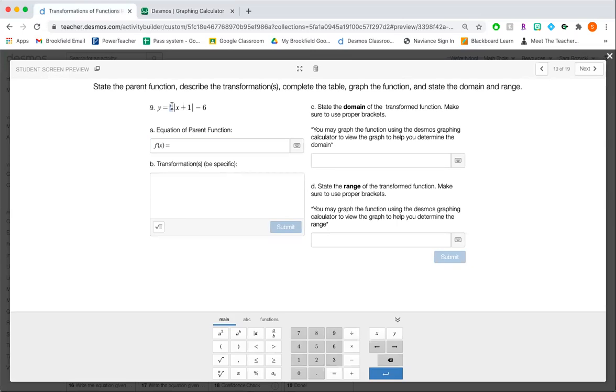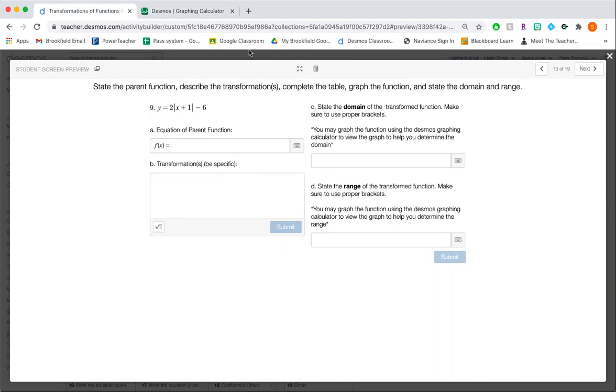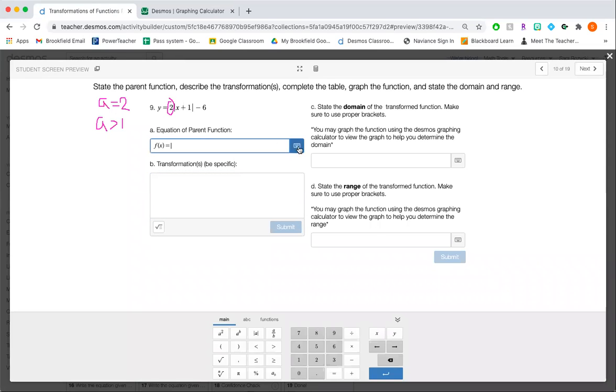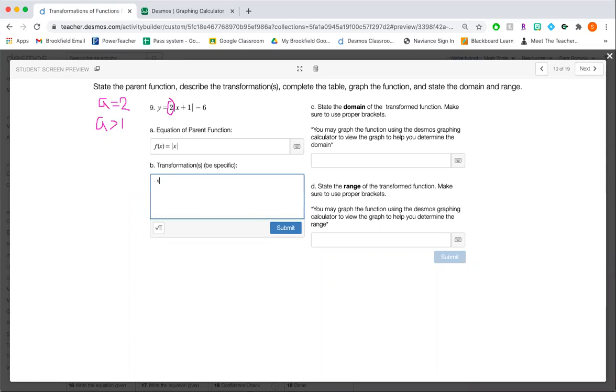One more with absolute value. So I have a 2 out in front here. This 2, since it is my a value, and a is bigger than 1, then we are going to stretch the graph, make it so that it is skinnier, but it's longer. So this is a vertical stretch by a factor of 2.